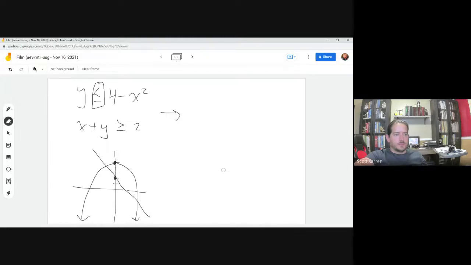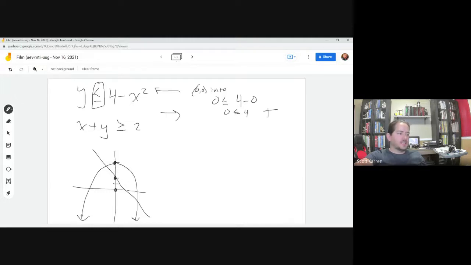But here we go. I'm going to test a point. 0, 0 is a good point. It's just sitting here, right? So I'm going to test 0, 0 into the first inequality, right? So that would be 0 is less than or equal to 4 minus 0, or 0 is less than or equal to 4, which is true.